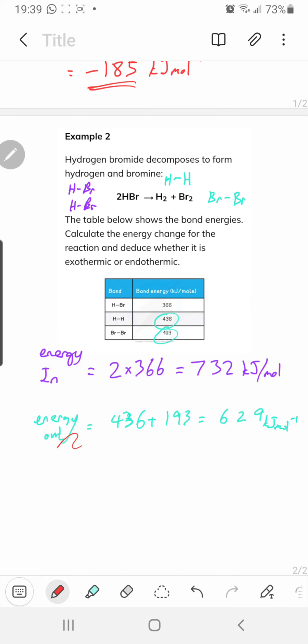Now energy change, so the overall energy change is in take away out, so 732 take away 629, and that should be a positive 103 kilojoules per mole.